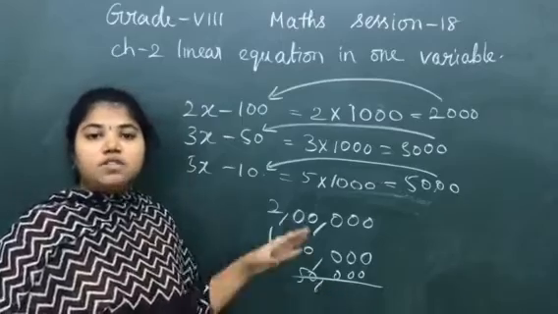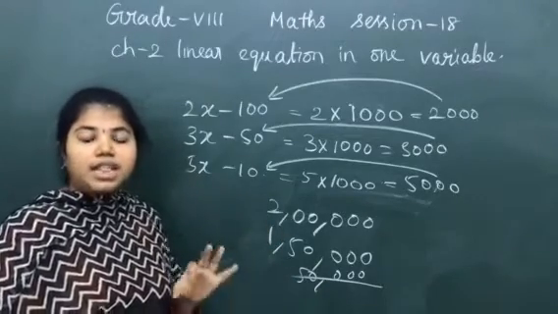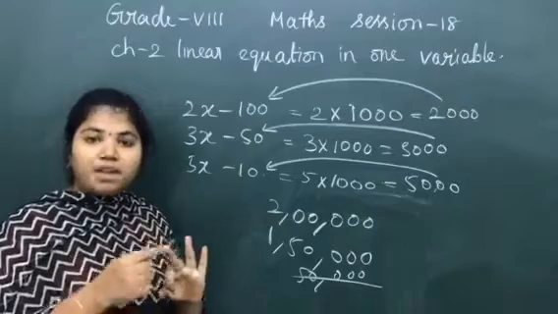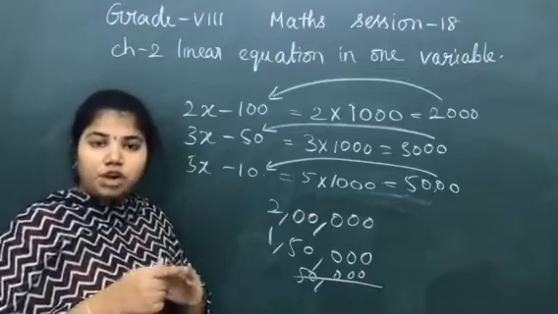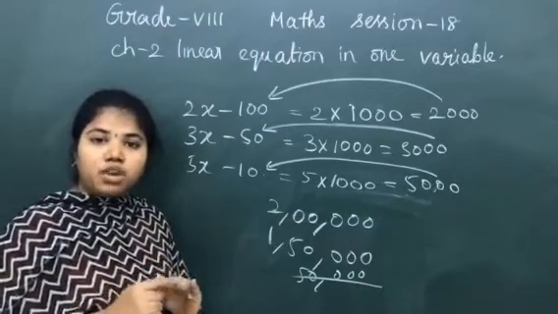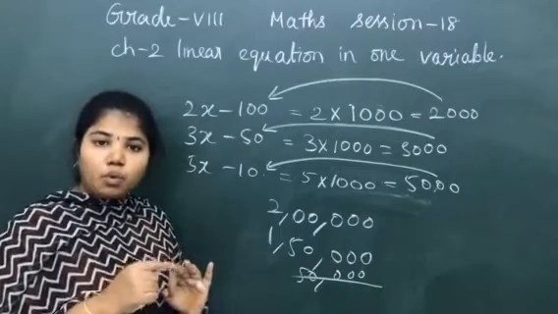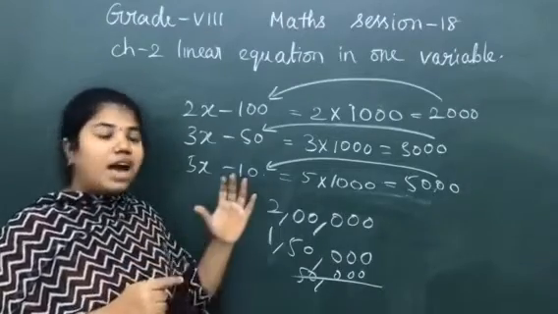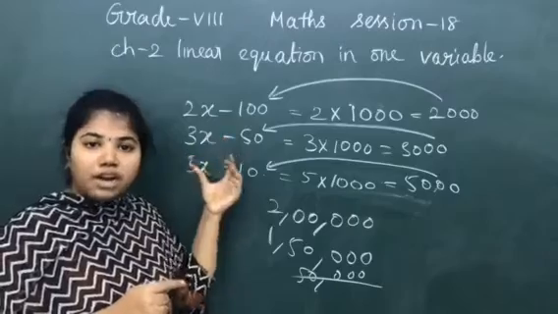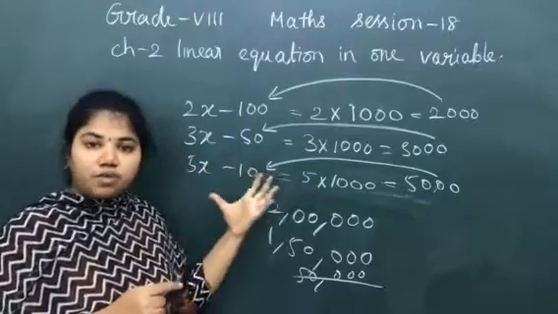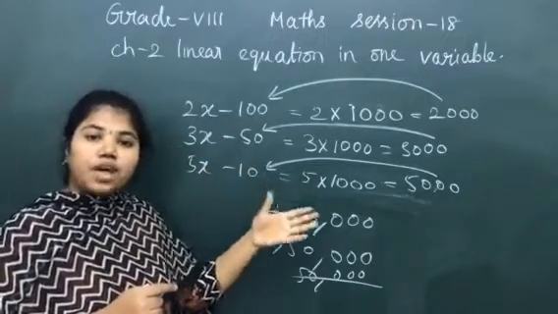Can you understand? So what is our 14th question about? There are 3 denominations, 100 rupees, 50 rupees and 10 rupees, in the ratio 2:3:5. So we have considered 2x, 3x and 5x. We have multiplied 2x into 100, 200x, 3x into 50, 150x, 5x into 10, 50x.